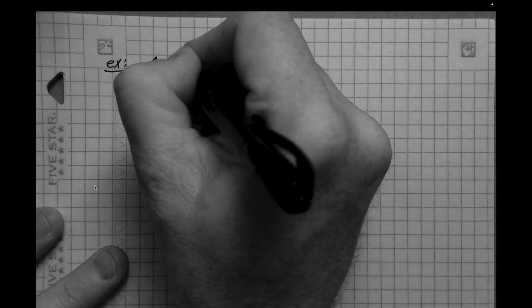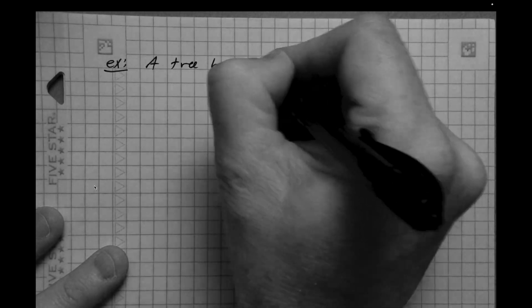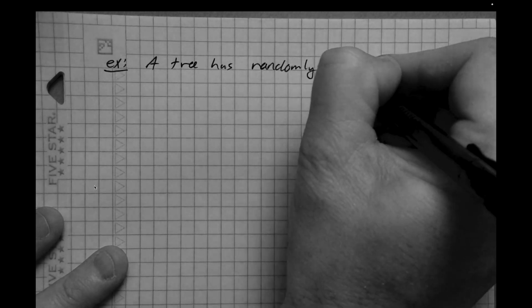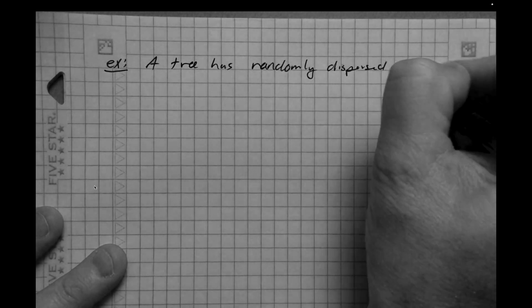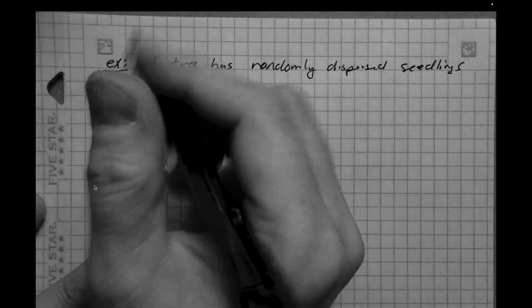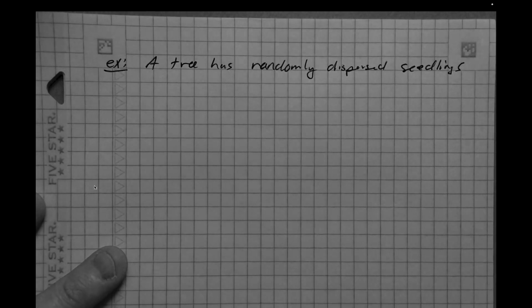A certain type of tree has randomly dispersed seedlings, with approximately 5 seedlings per square yard.